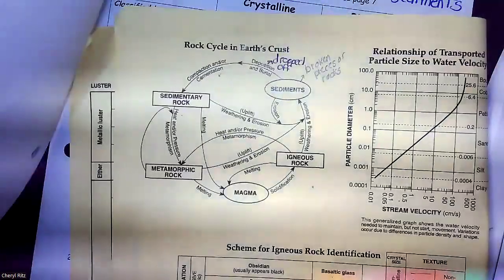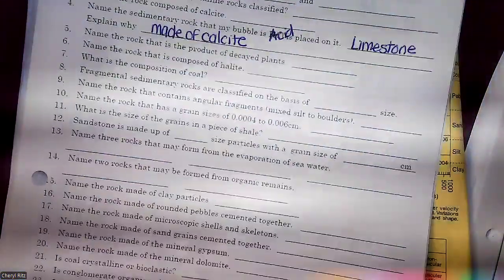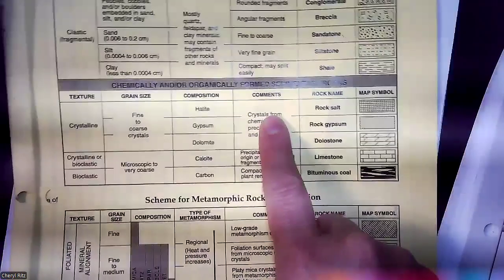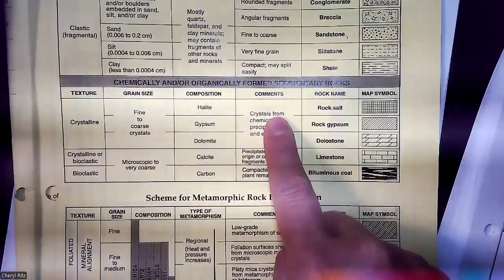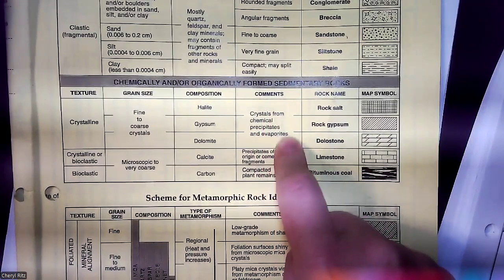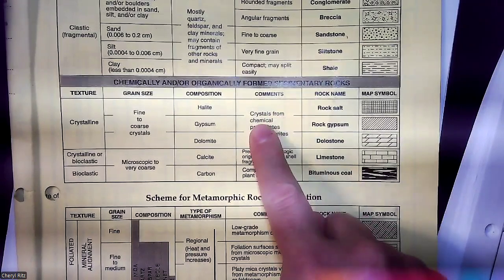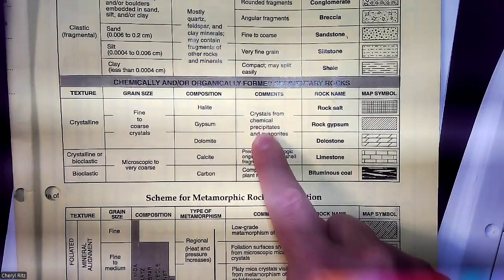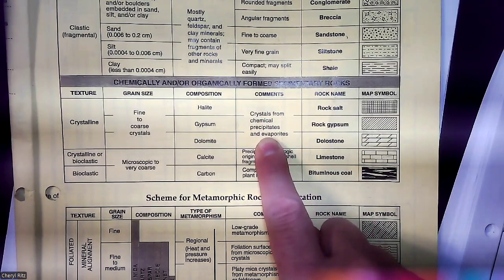Now 13, right? That's the evaporation of seawater one. I had showed that quick video about the crystalline rocks, the chemical ones. These are crystals from chemical precipitates and evaporites.